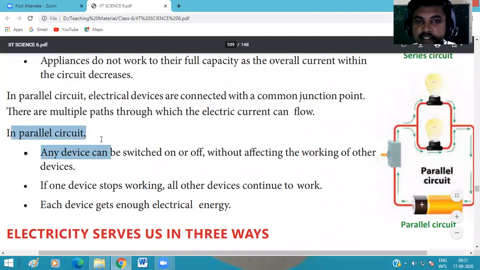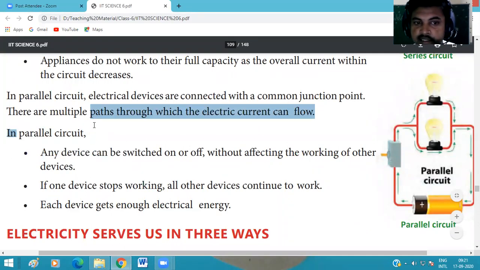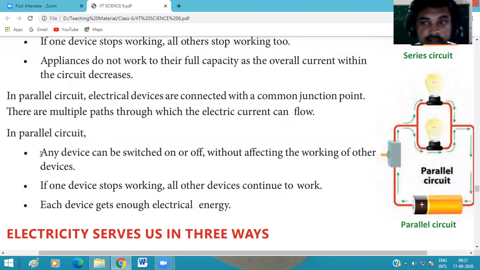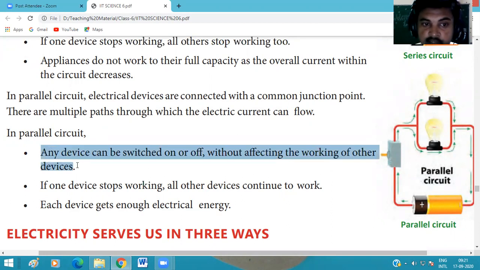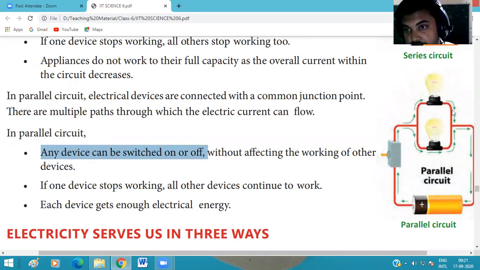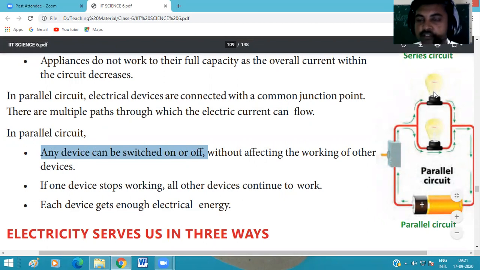Okay, so there are some properties of the parallel circuit. What are the advantages or disadvantages we see after reading the properties? Any device can be switched on or off. Suppose in this circuit this bulb is fused, so will our second bulb also work or not?